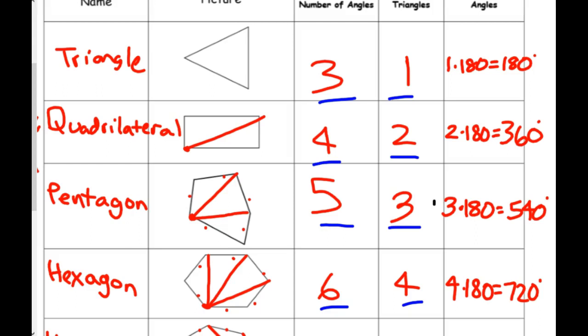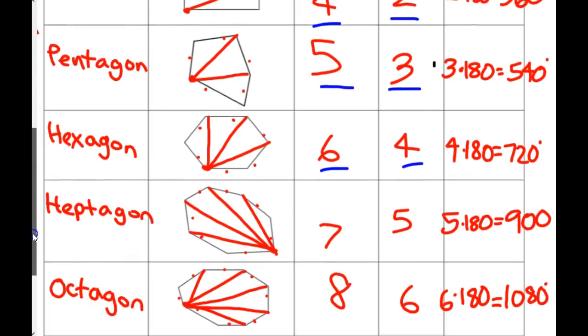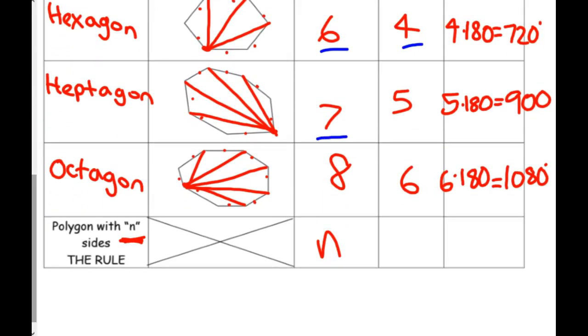Minus 2, all the way down. Does everyone see that? 3 minus 2 is 1. 4 minus 2 is 2. 5 minus 2 is 3. Sorry. 6 minus 2 is 4, all the way down. So, take a wild guess. If everything has been minus 2 all the way down, what am I going to put right here? Whatever n is, minus 2. So go ahead and put that, n minus 2.